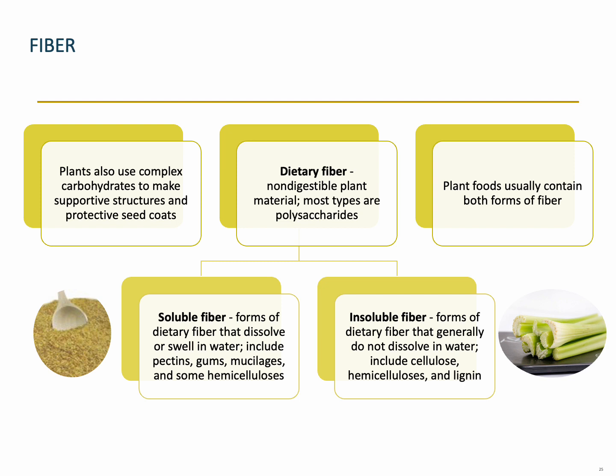So, there are two different kinds. Soluble fiber, that's forms of fiber that dissolve or swell up in water. So pectins, gums, mucilages, some hemicelluloses, and then insoluble fiber, that's forms of dietary fiber that don't dissolve in water. So cellulose, hemicellulose, lignin.